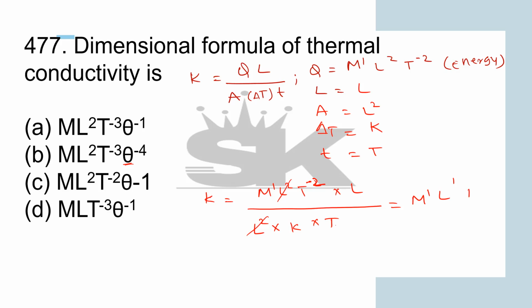The denominator T goes to the numerator, so it becomes T power minus 3. What's remaining is K power minus 1. Here instead of K they have given theta. So option D is the right one.